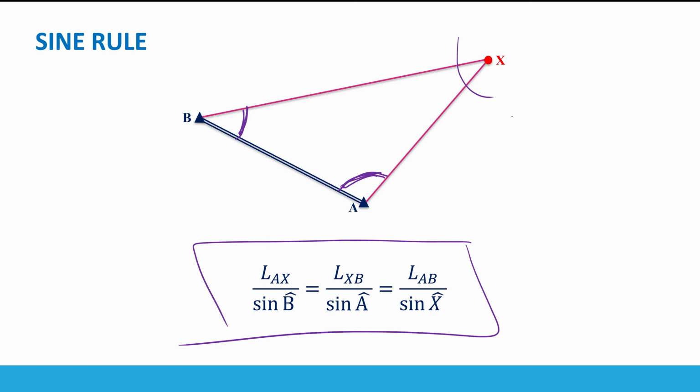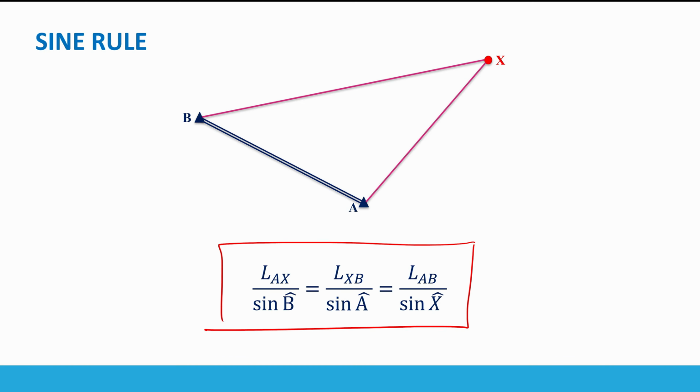Angle X is known from the measurements. XA is known, the length of XB is known, the length of AB is known. So all the distances between these stations are known and the angle X is known.